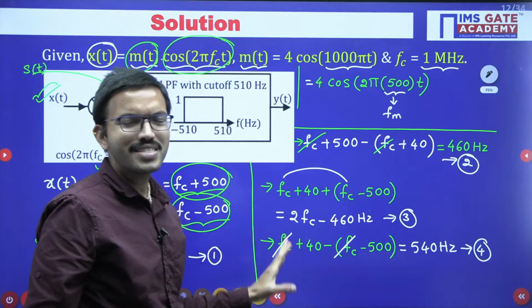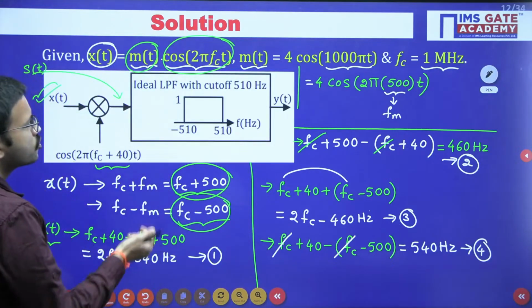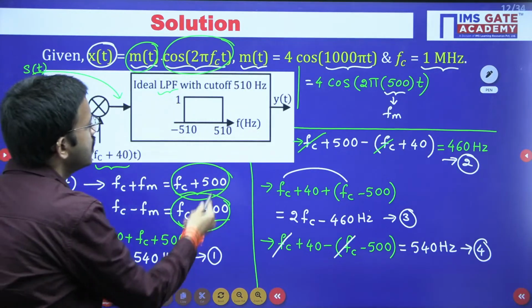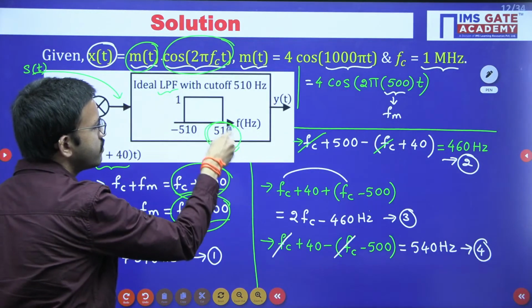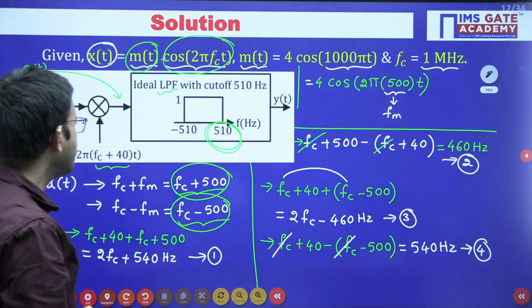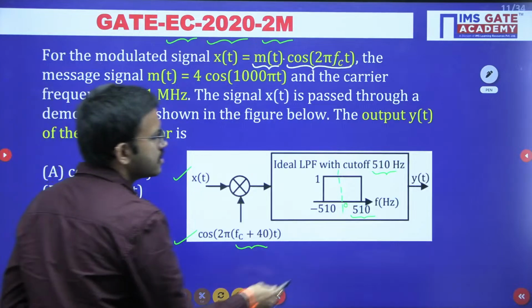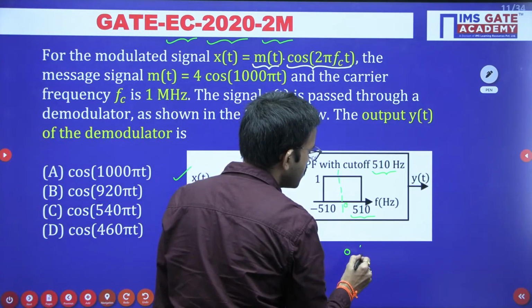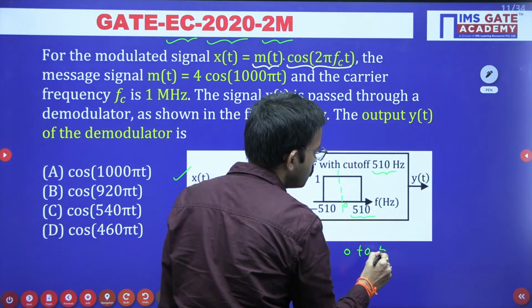Now we are passing this particular signal through a low pass filter, which has the cutoff frequency 510 Hz. That means this low pass filter will pass the frequencies from 0 to 510 Hz only.